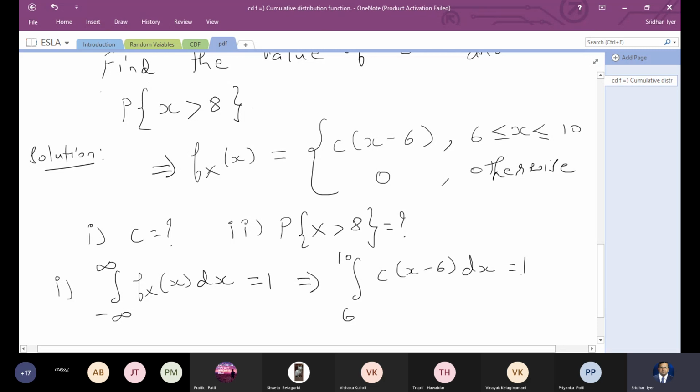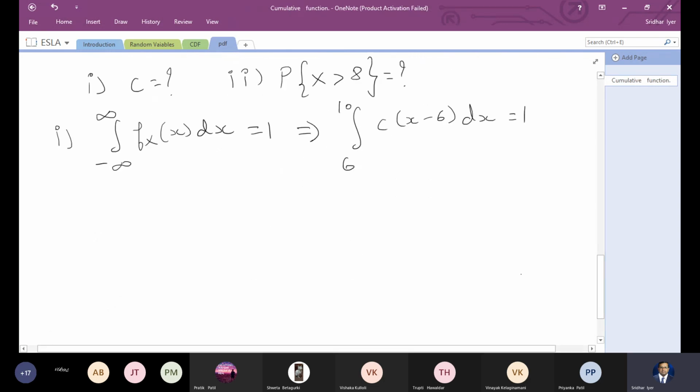So now you can see that instead of doing the PDF, this numerical is now just converted into a very simple integration numerical, right? So all you have to do in CDF PDF is understand what exactly you need to apply, whether it is a CDF or PDF, apply the property, and then it just turns out to be very simple algebra, integration, differentiation, and so on, so forth, right?